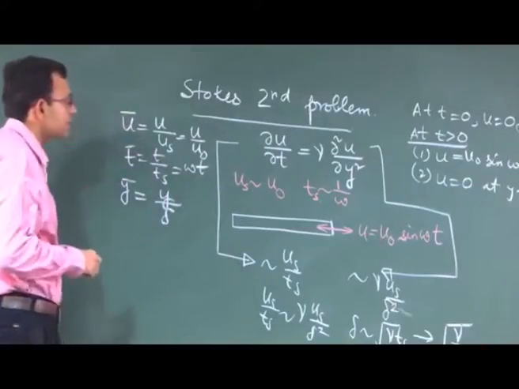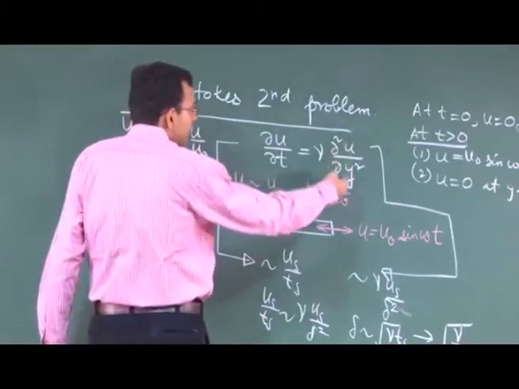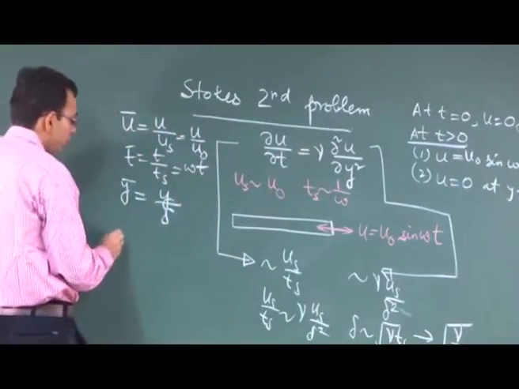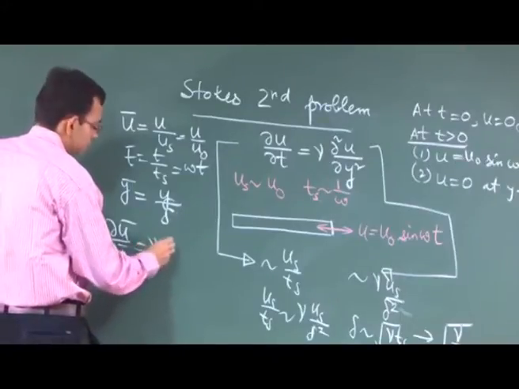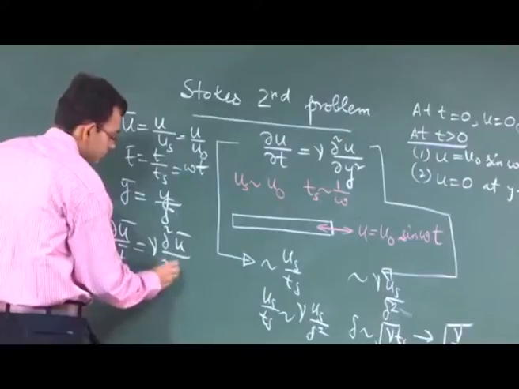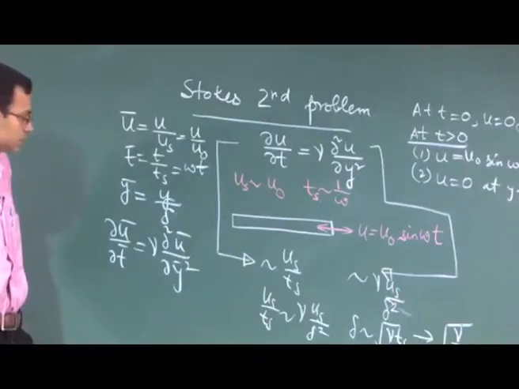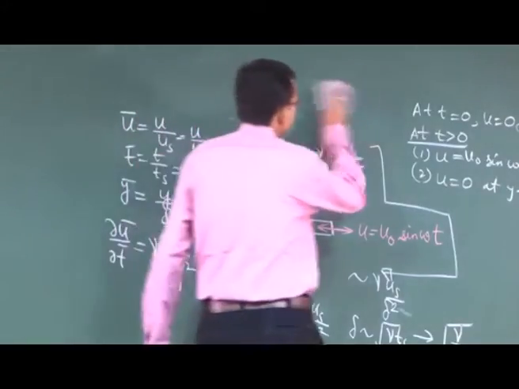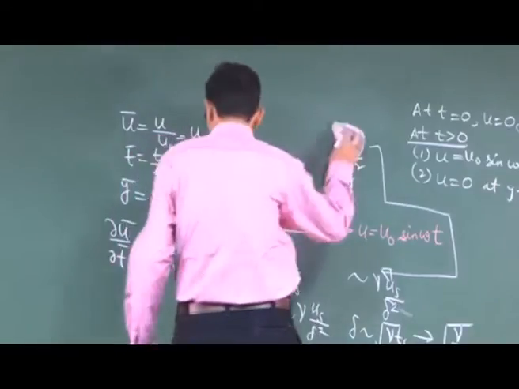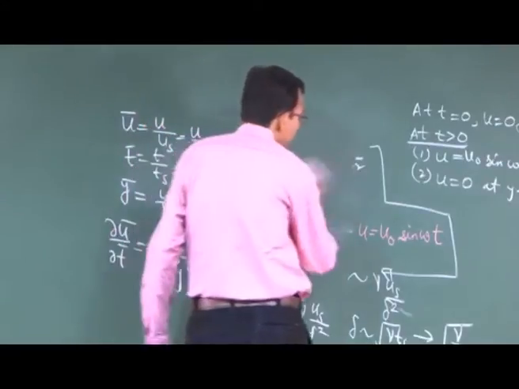If that be the case, then because we have chosen the scales according to this equation, this equation will boil down to this. Nu is absorbed in y bar itself.